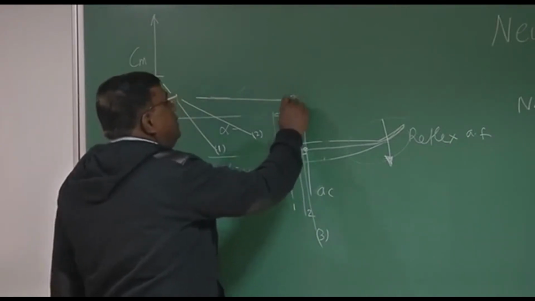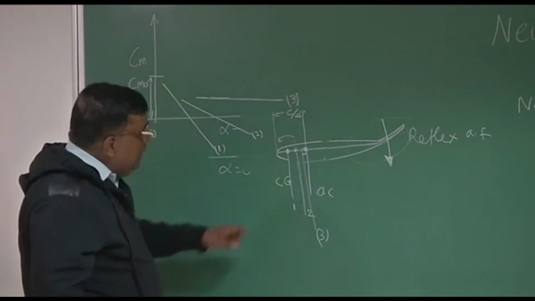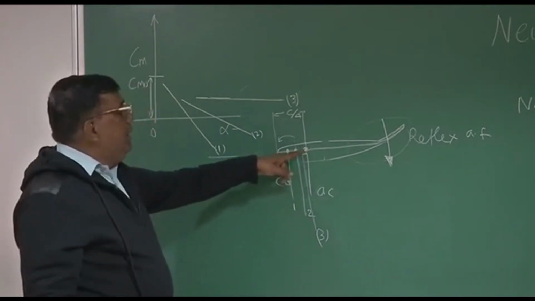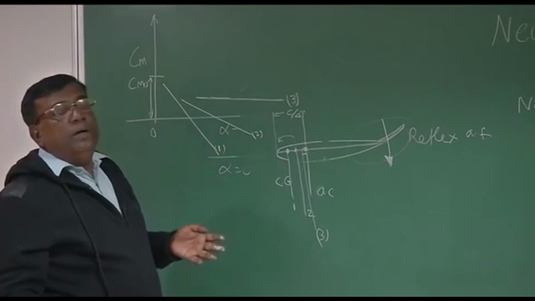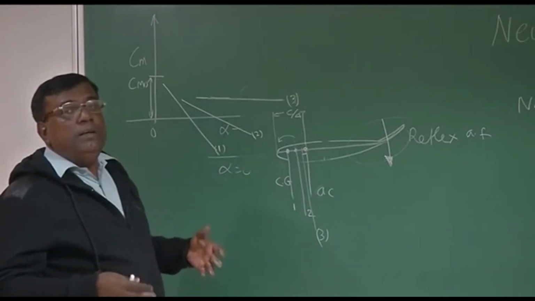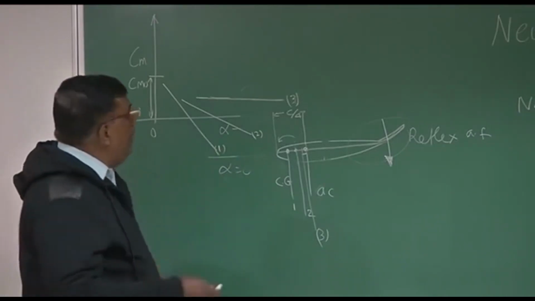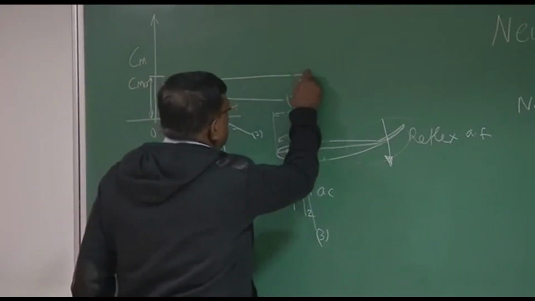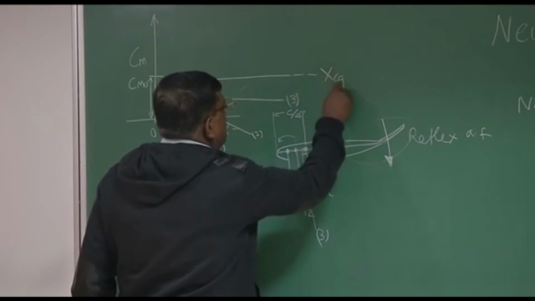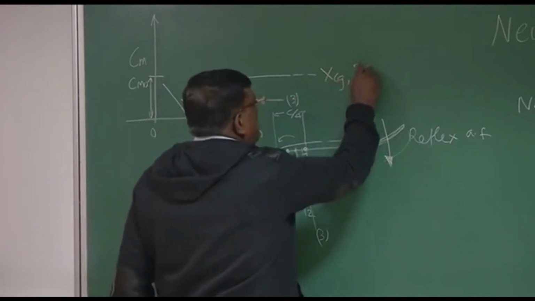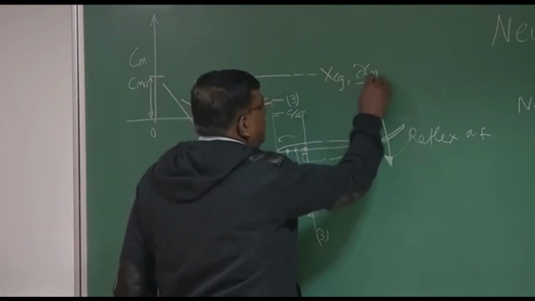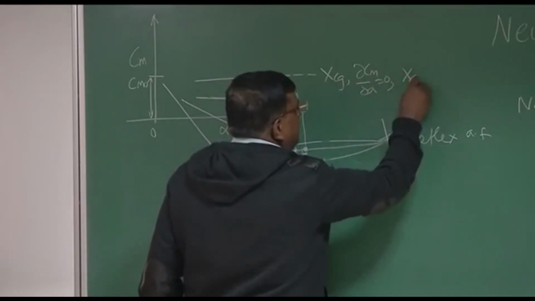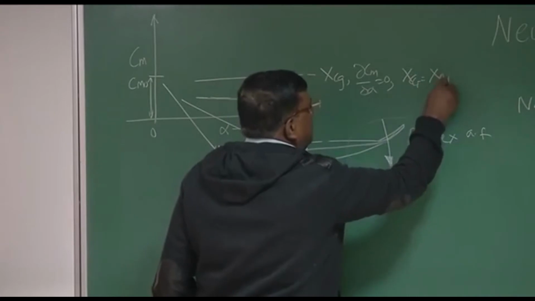This tells us that if this CG coincides with AC of the wing, then there won't be any slope or any change because of alpha. So this line will become something like this. This is the xCG at which dCm by d alpha equals 0, and this xCG location is nothing but our x neutral point.